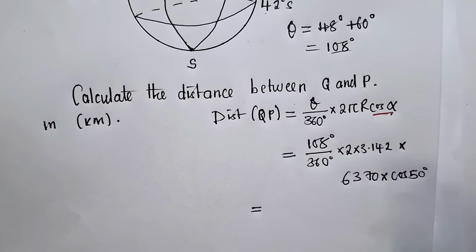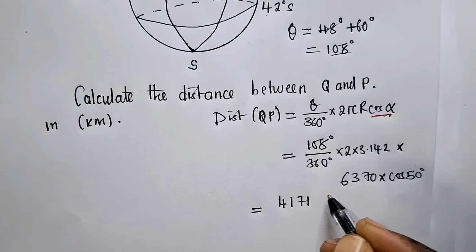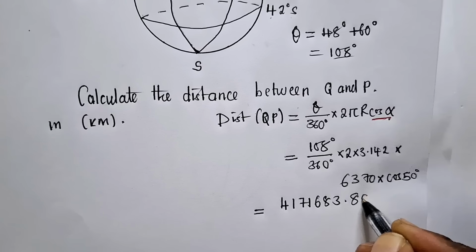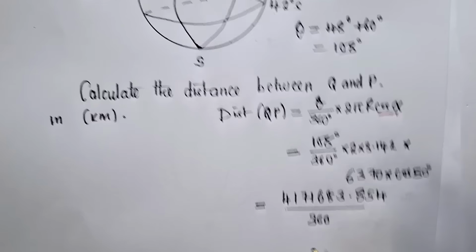So we can say 108 times 2 times 3.142 times 6370 times cos 60. Okay, so this is giving us 4171683.854, and then you say over 360.